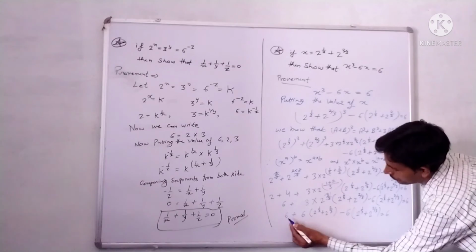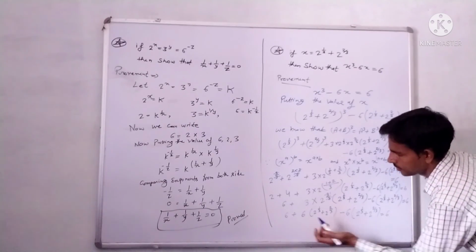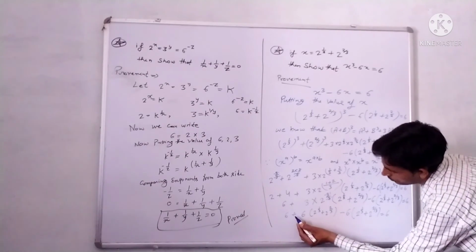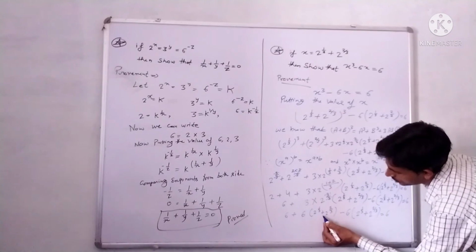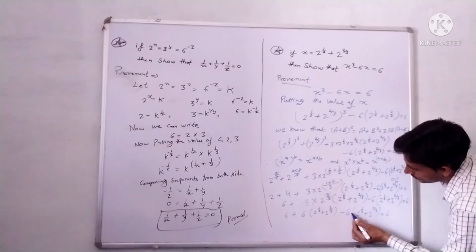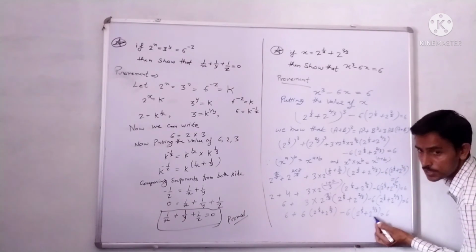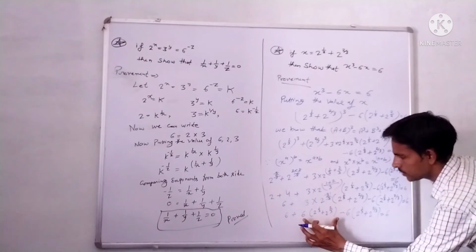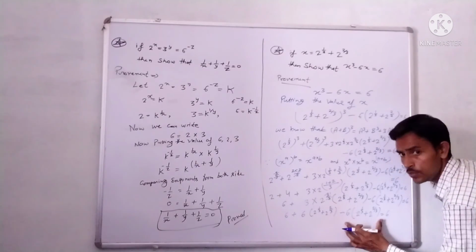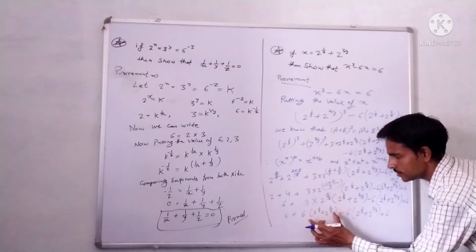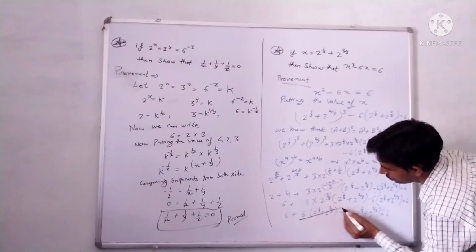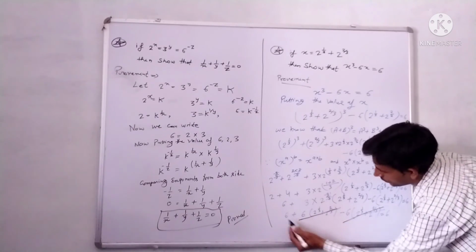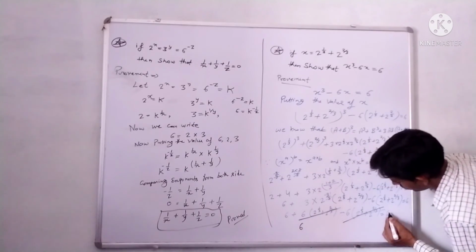Now we are looking here: this is plus 6 into (2^(1/3) + 2^(2/3)) and this is minus 6 into (2^(1/3) + 2^(2/3)). So this is a value with a positive sign and this is a value with a negative sign, so we can cancel this value from this value. Then we find 6 equals 6.